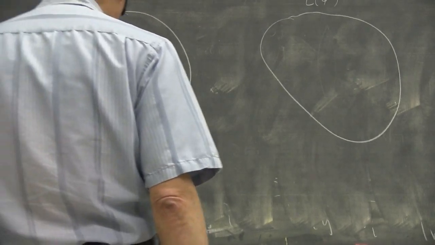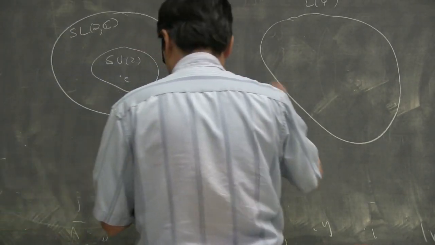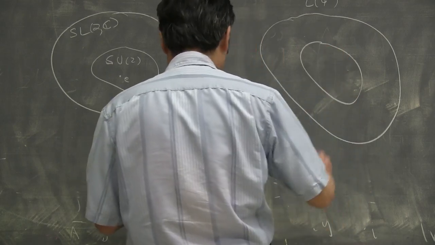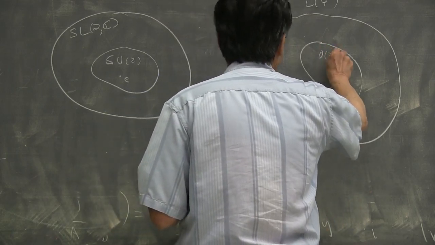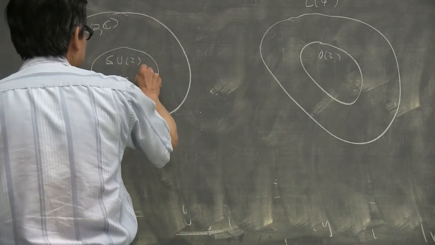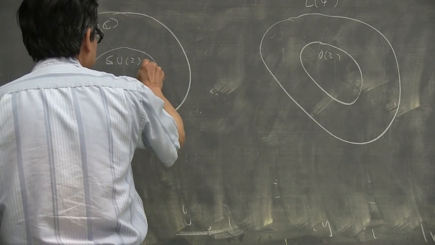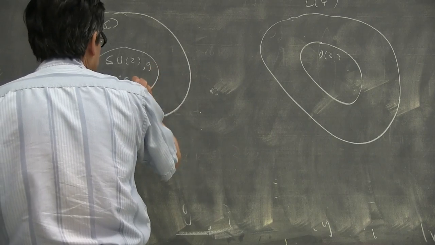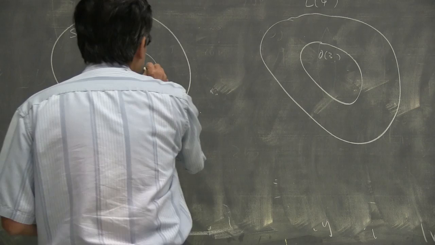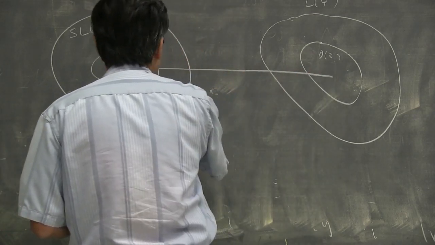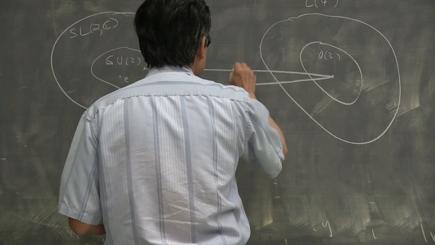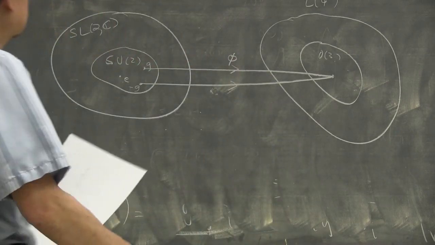But the SU2 gets mapped by the homomorphism to O3, which is a subgroup of L4. And the mapping is 2 to 1, so that there are two elements. Take any element G, and then there's another element minus G, and both of them get mapped to the same thing in O3 under phi, this group homomorphism.